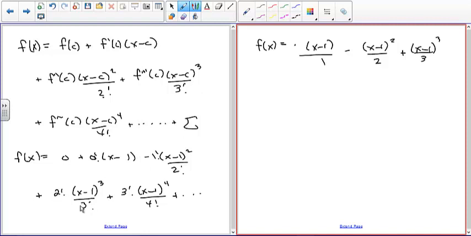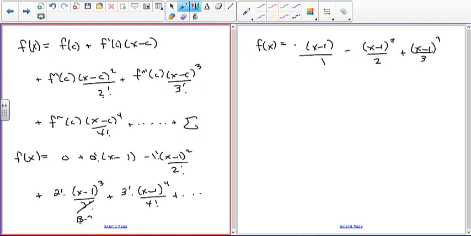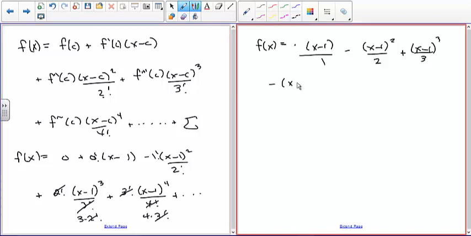So 3 factorial is 3 times 2 factorial. So if I rewrite this as 3 times 2 factorial and cancel out the factorials, and you could do the same thing here. 4 factorial would be 4 times 3 factorial. Cancel those out. So you just end up dividing by n.